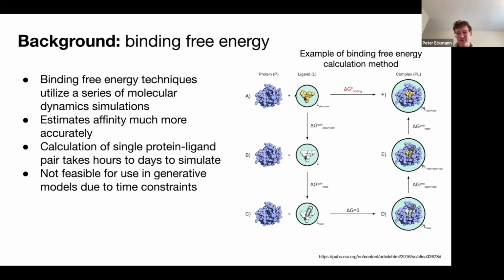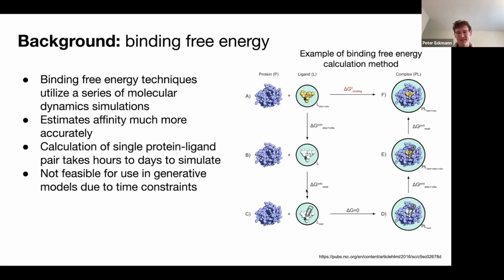We first start with just the ligand interacting with water, and it's important to model all of the water molecules explicitly. Then in a series of steps, we first turn off the interactions of the ligand with the environment.